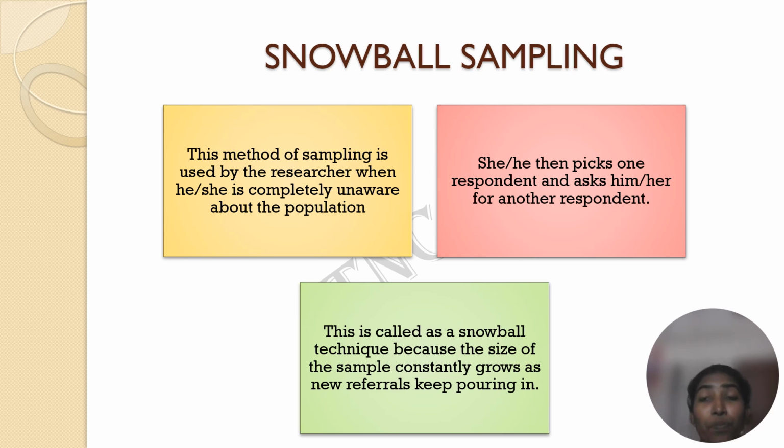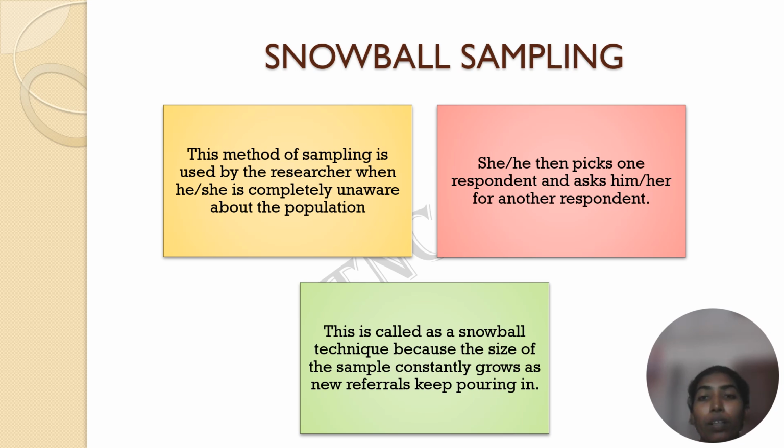So, if you're going to use the snowball sampling technique, you need to find one respondent who is not registered in the Domestic Welfare Association. You will collect data from that respondent, and then you will ask that respondent to guide you towards the second respondent who is not yet registered with the Domestic Welfare Association.